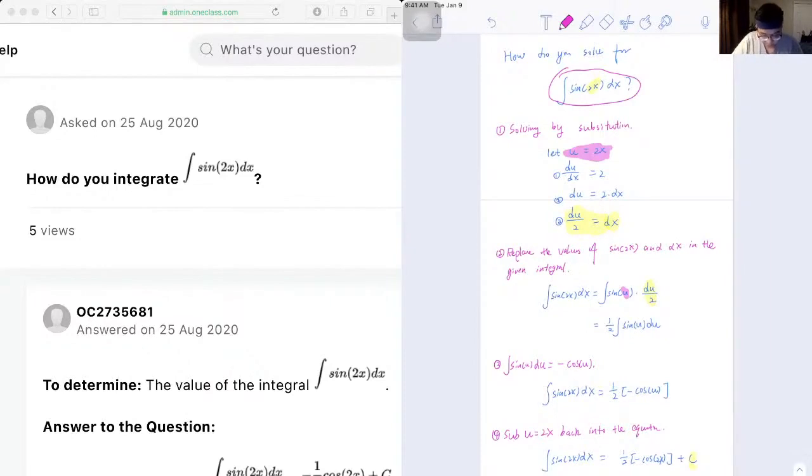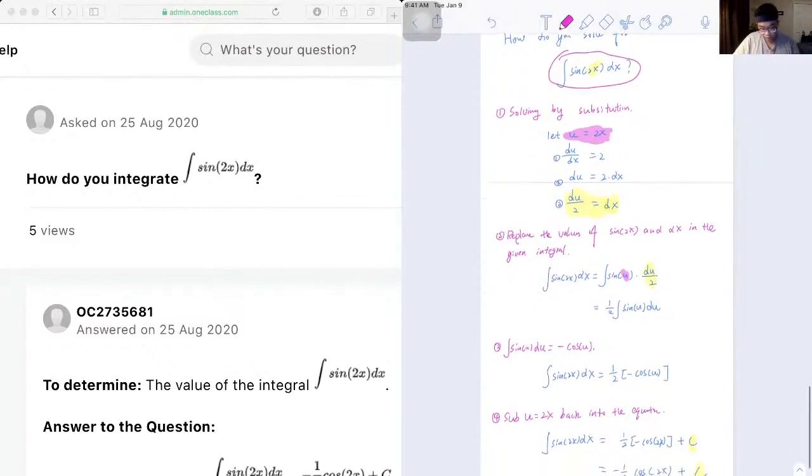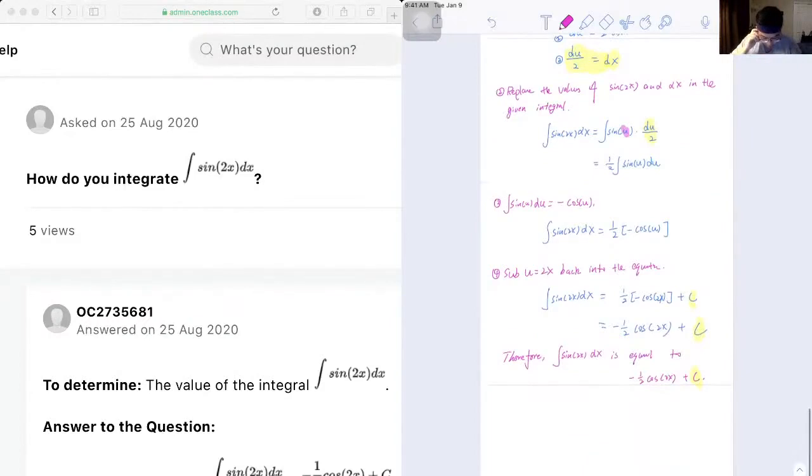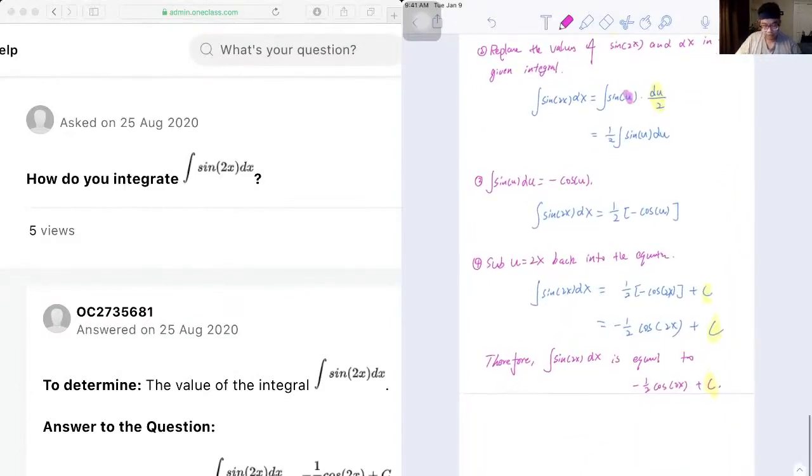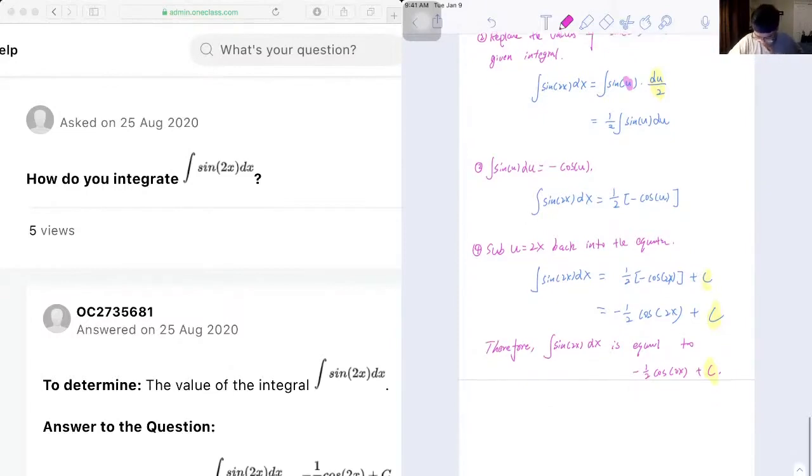So we let u is equal to that expression, and by letting u is equal to whatever that is, we can always take the derivative of that, and then we will replace the value of that in the given integral. Okay, and then after doing your calculation, just remember to sub u is equal to whatever that is back into the equation and add a c at the end. Yep, and write your conclusion.